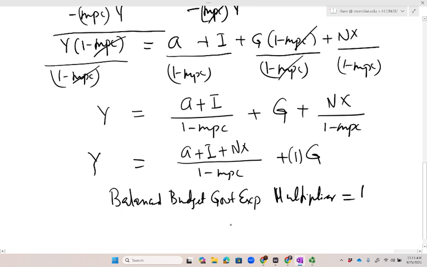So what might appear to be like an accounting exercise, that itself helps the economy to grow in equilibrium by the amount of government expenditure. That's the power of government expenditure and the critical role it plays in augmenting the GDP for the economy. And this is a good point to stop.